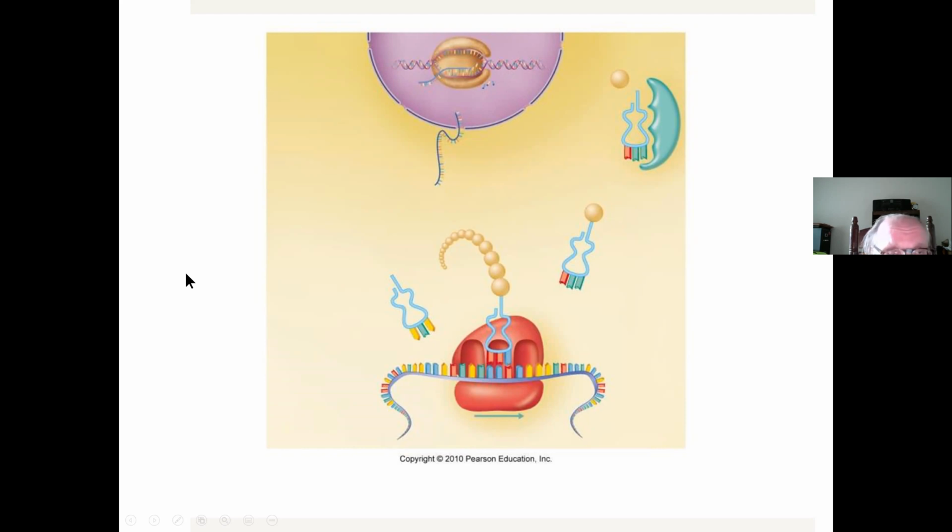If we had an A on the DNA, we would have a U on RNA. We don't have T on RNA. So we'd have an AU, a TA, a GC. So we have the exact same match, except in RNA, we don't have a thymine, so we have uracil replacing the thymine. RNA comes out as a single strand.